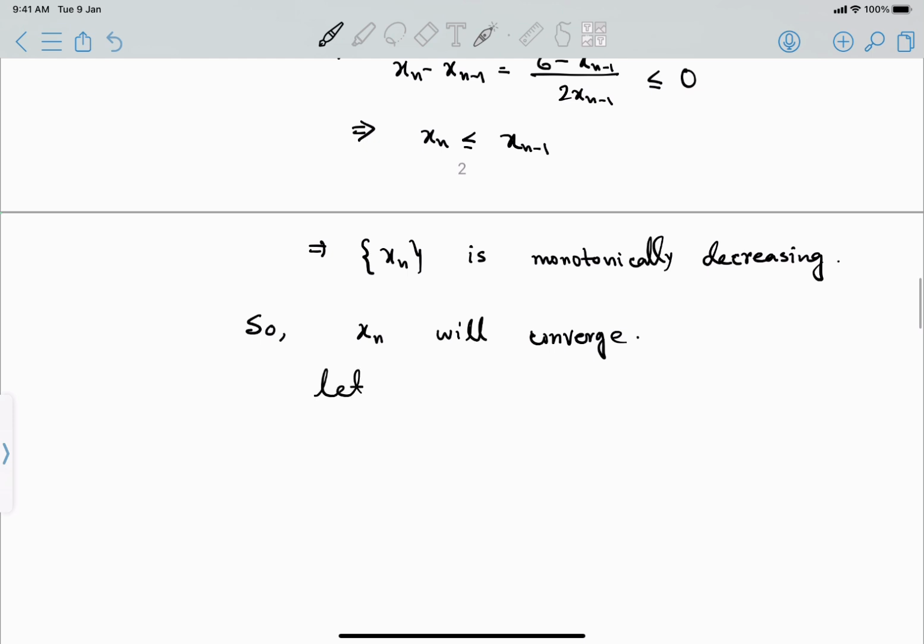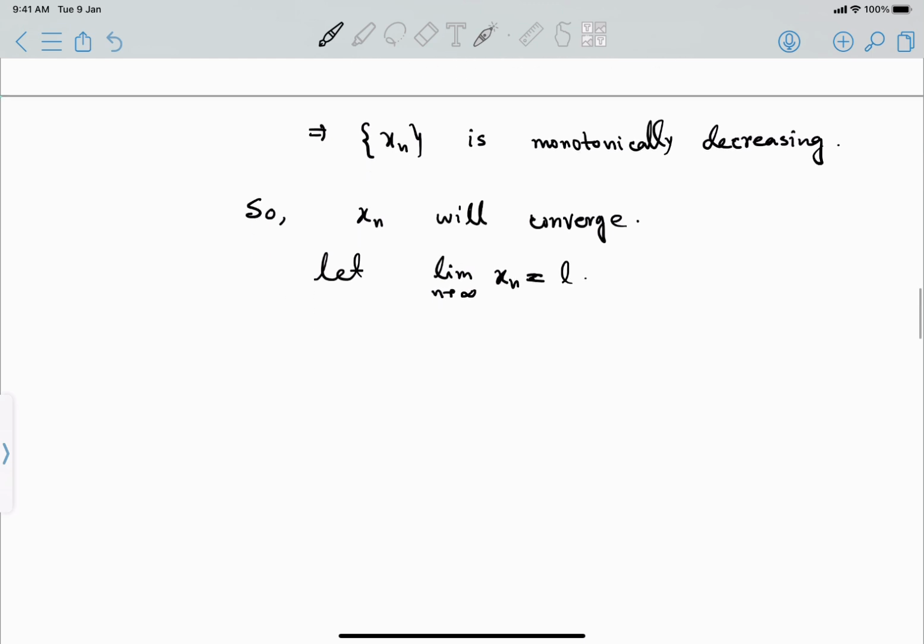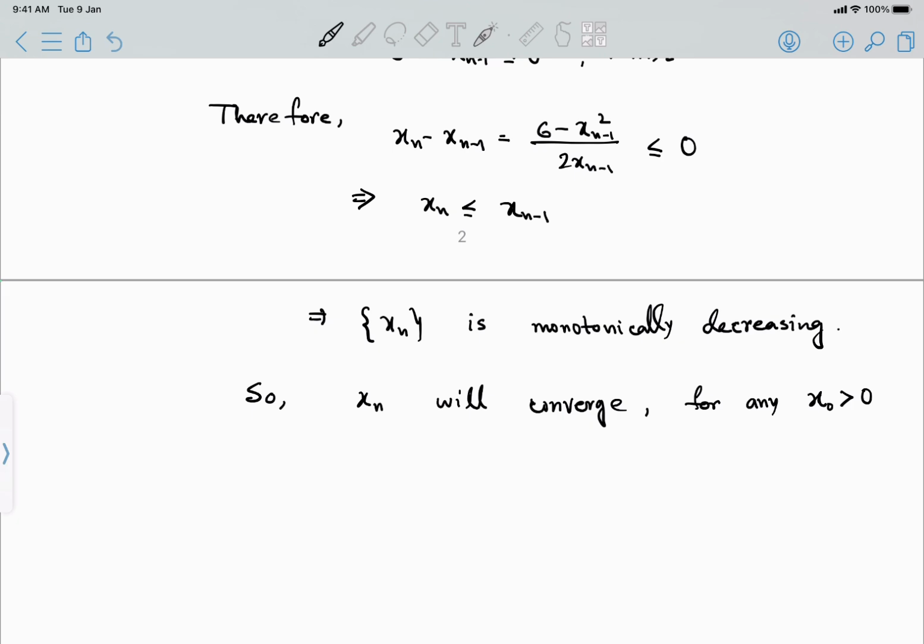Let the limit as n tends to infinity of x_n be some limit L. We do not need to find which value it converges to. So for any positive x_0, since the sequence is monotonically decreasing and bounded below, it will converge for any positive x_0.